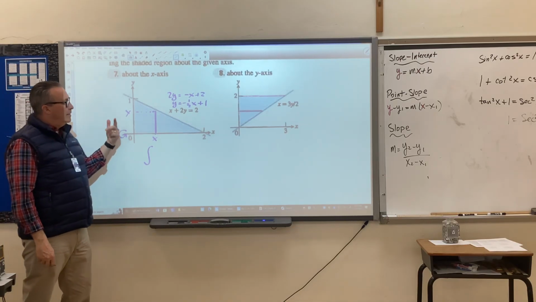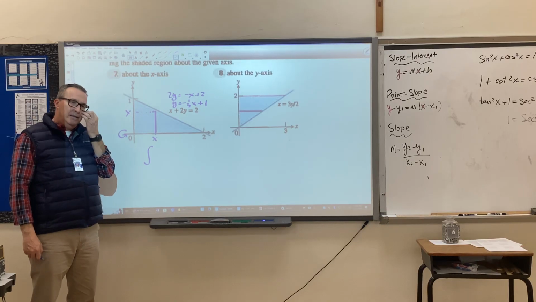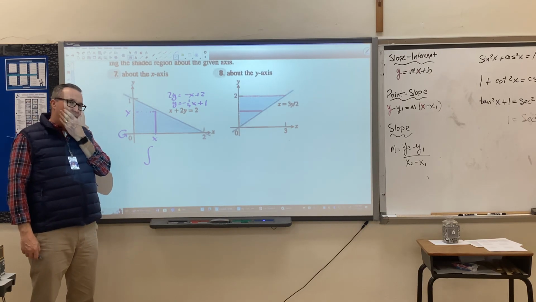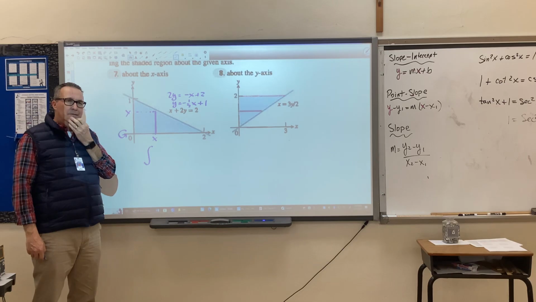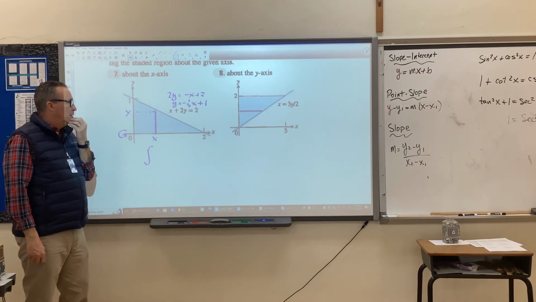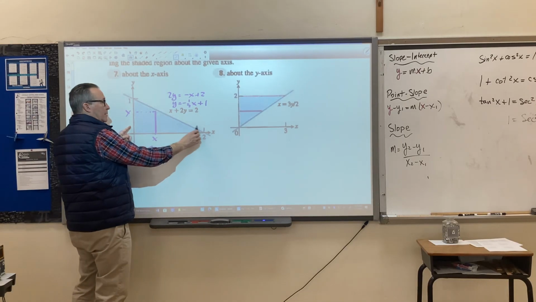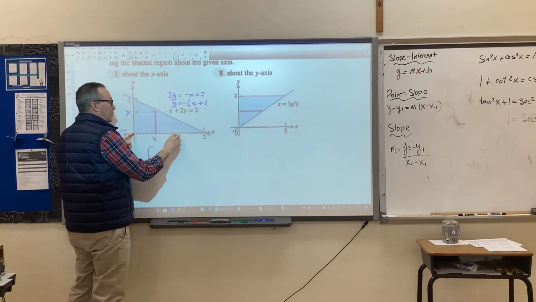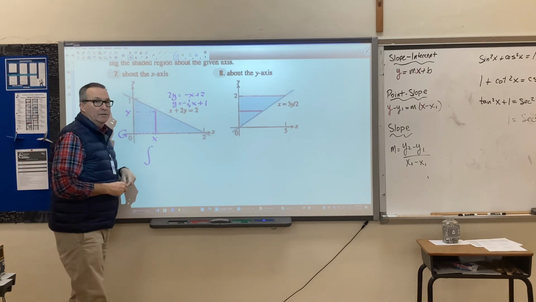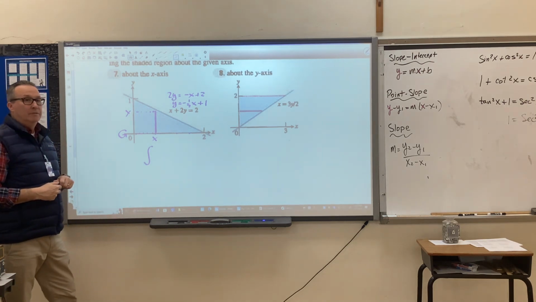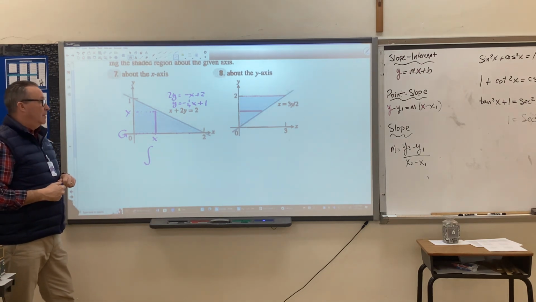And is this the washer method or disk method? It's disk. How do you know? Because it's one circle revolving. The shaded area is touching the axis of revolution over the whole interval. So this is the disk method.